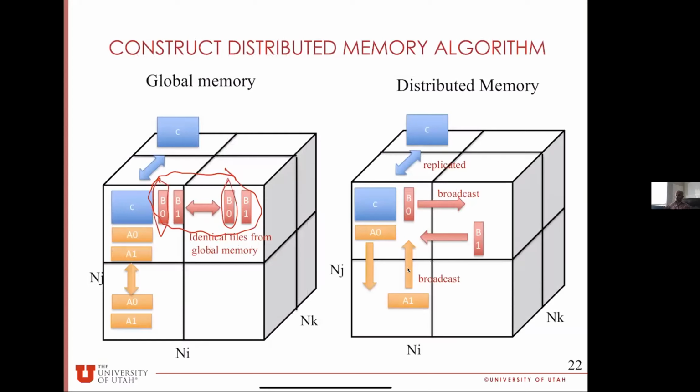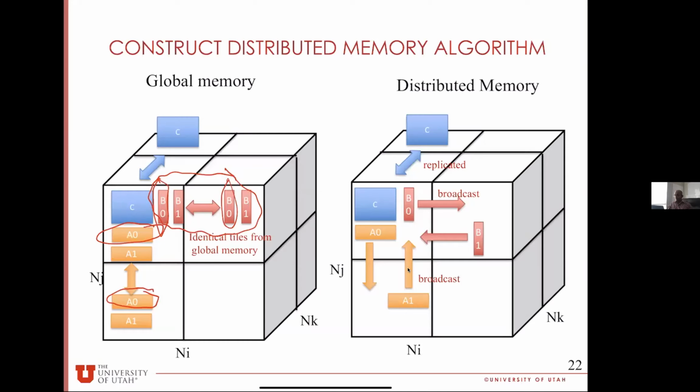Similarly, as far as the A array is concerned, all the tiles along J have exactly the same footprint on A, and they need to access it at exactly the same time.